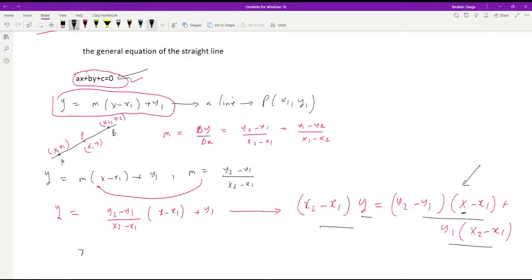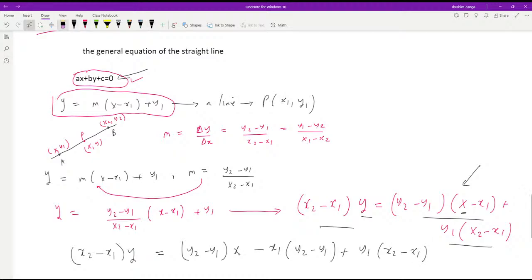So you'll be having (x2 minus x1) multiplied by y equals (y2 minus y1) multiplied by x, then minus x1 multiplied by (y2 minus y1), then plus y1 times (x2 minus x1).